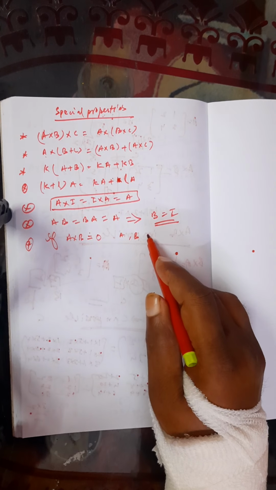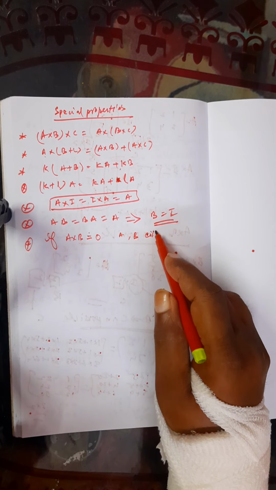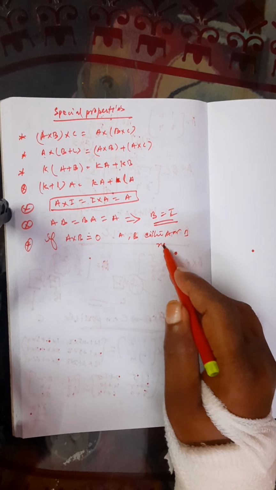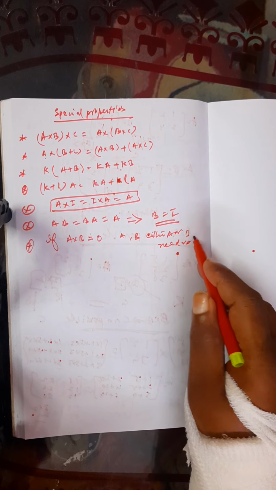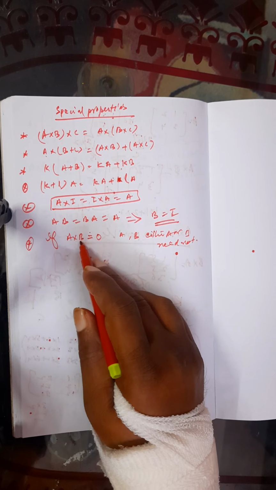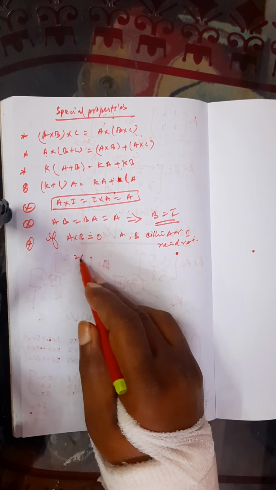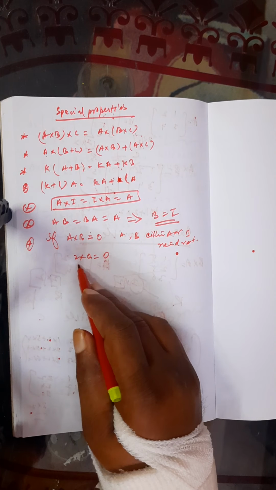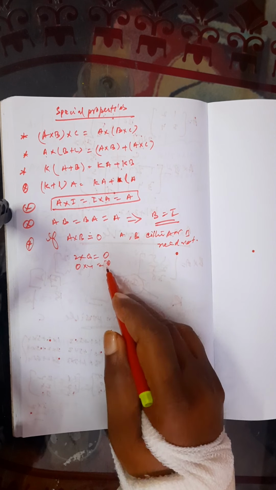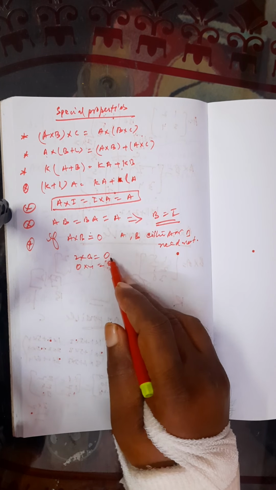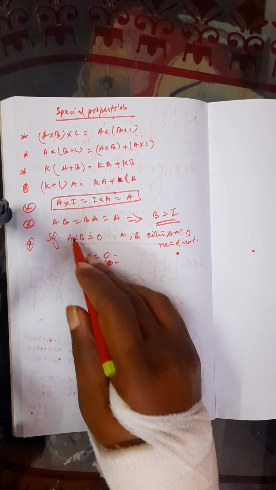If a number is 0, multiply it and you will get 0, like 2 into 0 equals 0 or 0 into 4 equals 0. Here A is 2, B is 4. If you multiply with a 0 matrix, we get 0 in numbers.